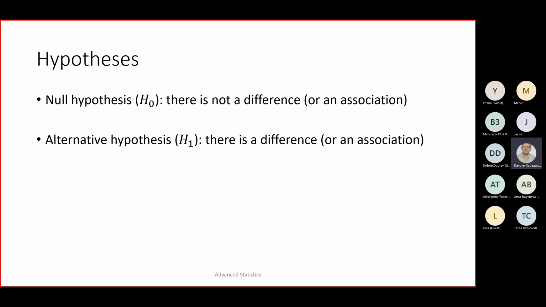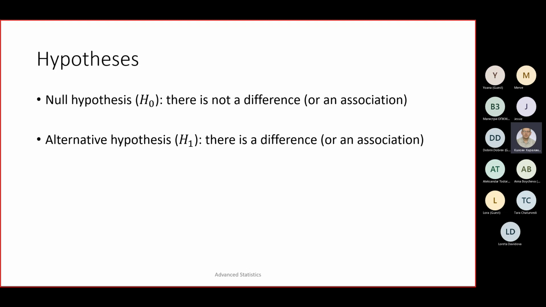The second hypothesis is so-called alternative hypothesis, and it means that there is a difference, or there is an association, or there is a relation between variables. Since we work with samples, we don't know which hypothesis is true.